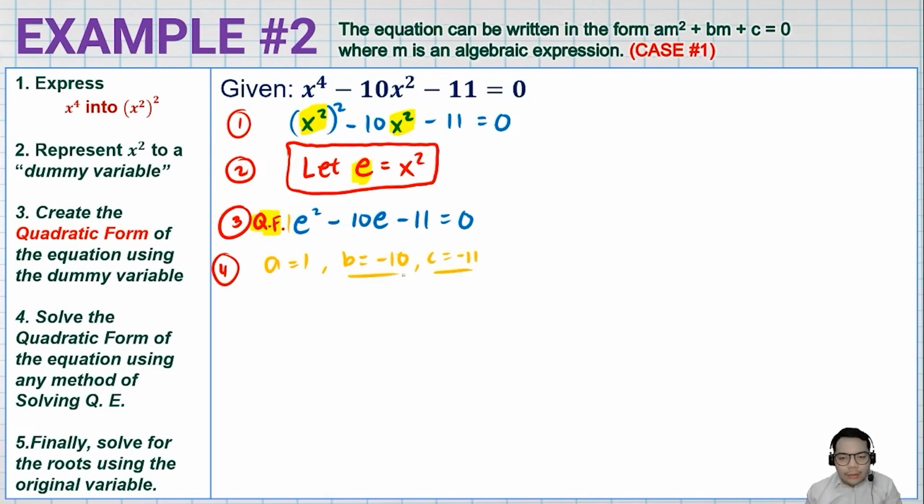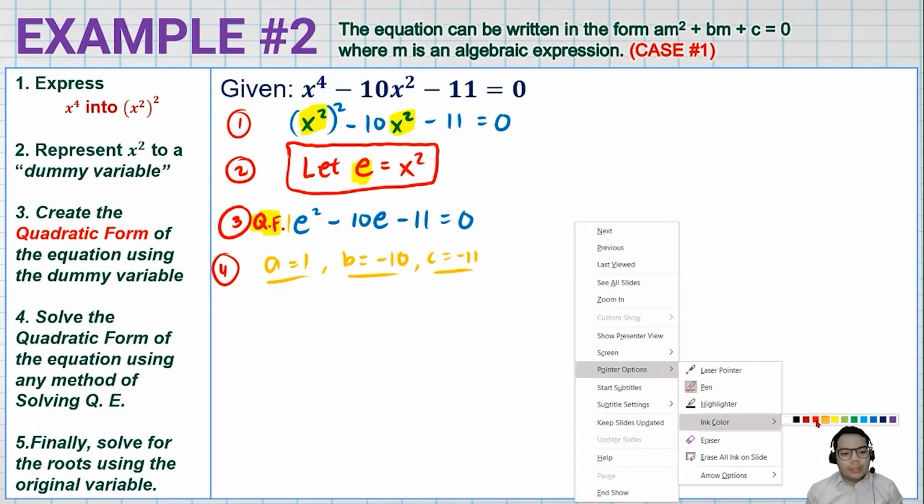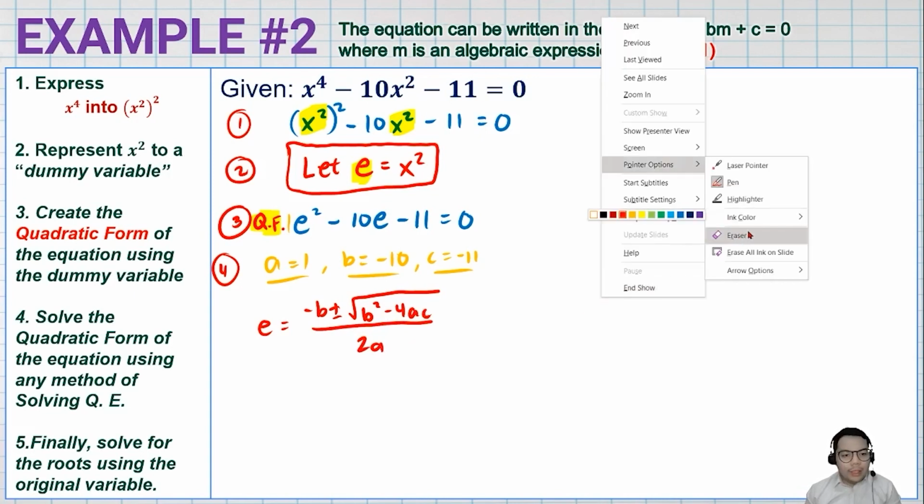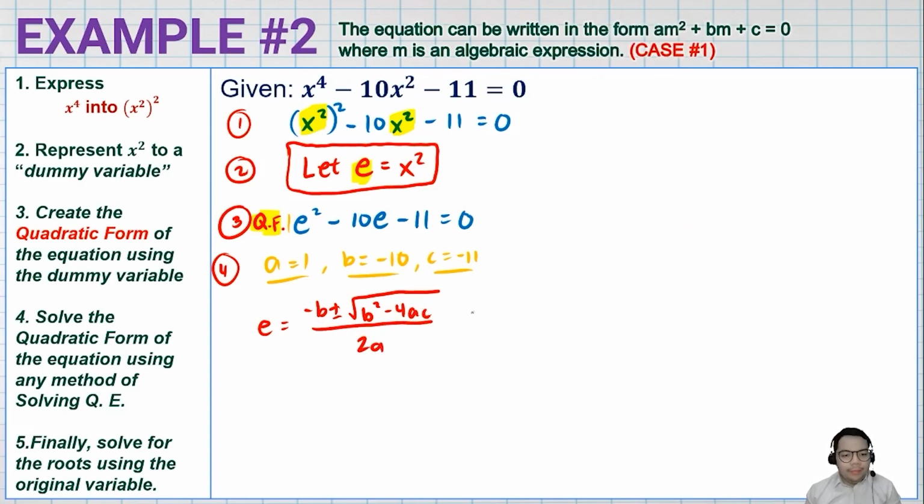So, ayan yung values ng A, B, and C natin. Next, sulat natin yung quadratic formula. Since we are using variable E instead of x, gawin natin siyang E is equal to negative b plus or minus the square root of b squared minus 4ac all over 2a.